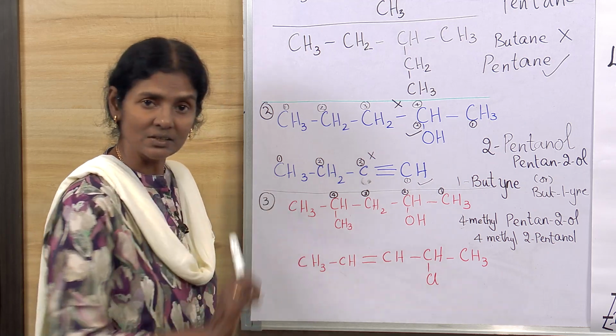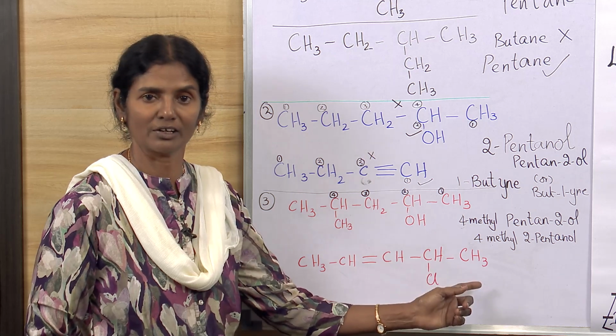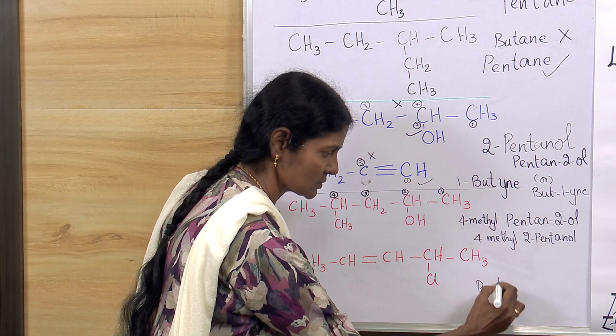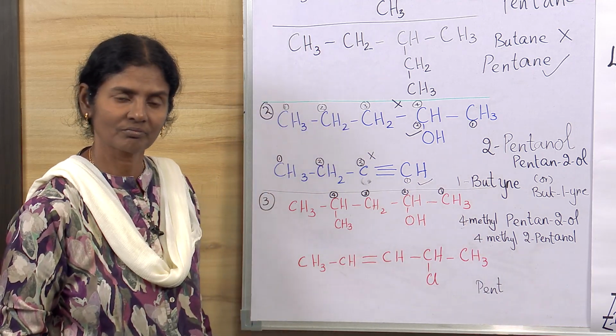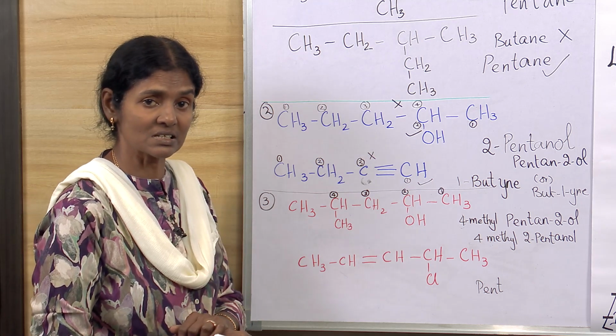Therefore, let's see the root word first. 1, 2, 3, 4, 5. Therefore, the root word would be pent. That is done. There is a double bond. So that has to be given the least number.